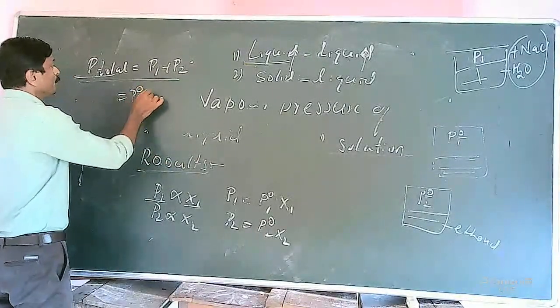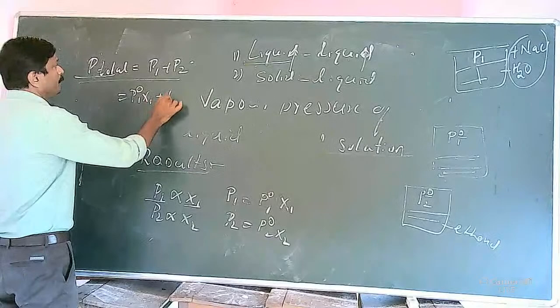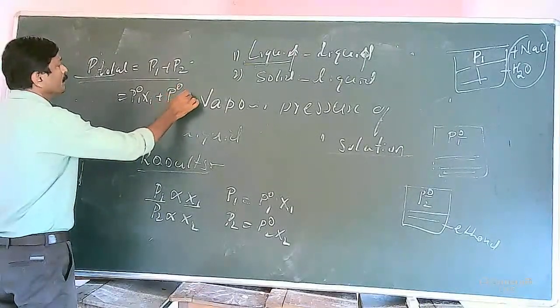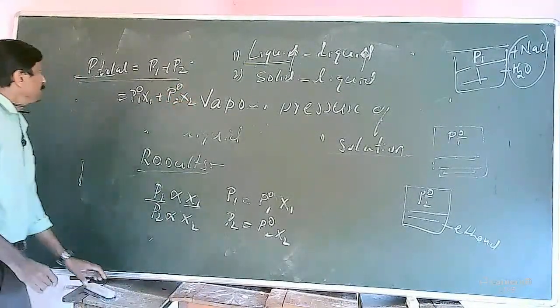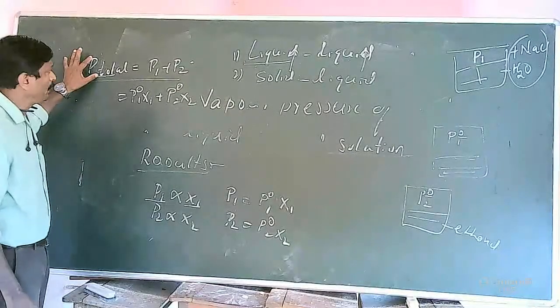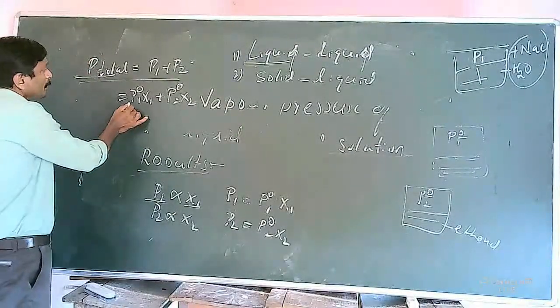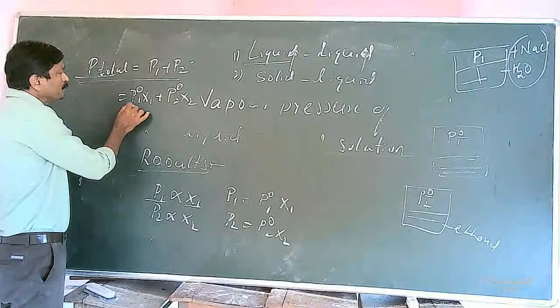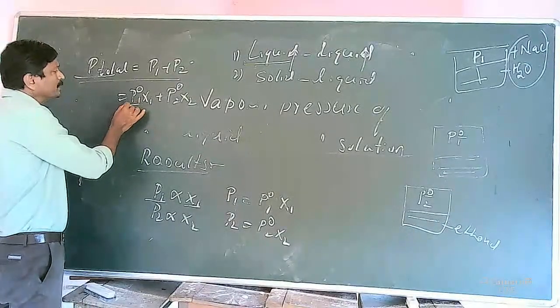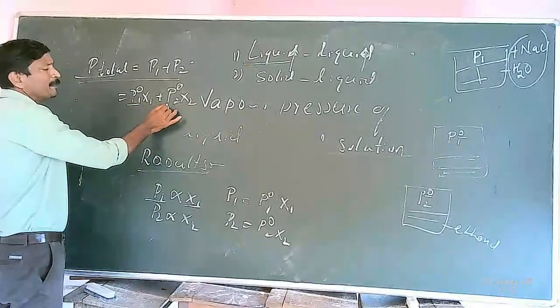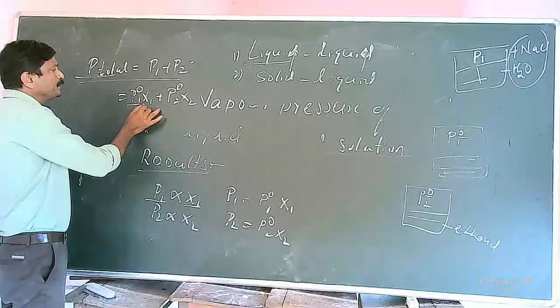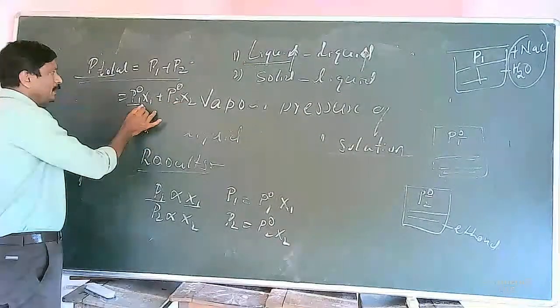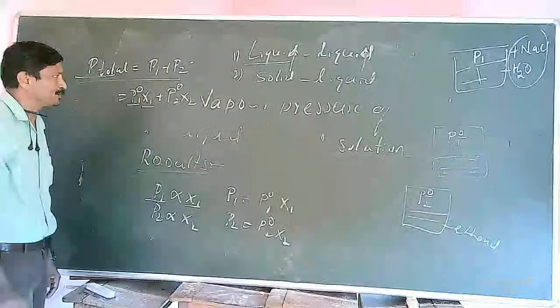P1 is equal to P01 x1 plus P2 is equal to P02 x2. That means you can calculate the total vapor pressure by knowing the vapor pressure of pure solvent 1 and pure solvent 2 and their mole fractions x1 and x2. You know how to calculate x1 and x2.